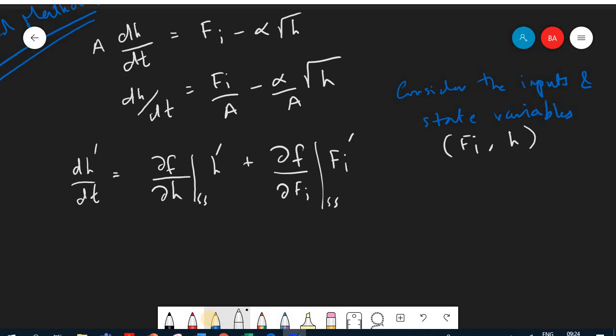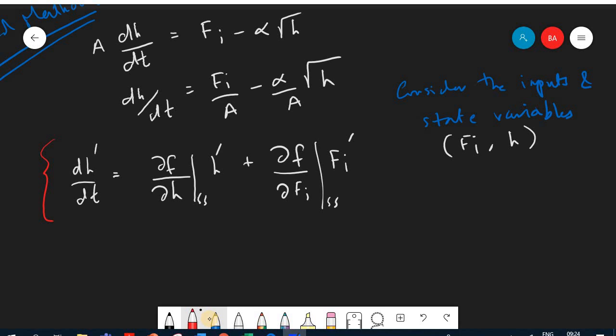I kept this term directly in a deviation format, because I already said that we take one of the terms of the Taylor series to the left hand side and it becomes a deviation format. The right hand side will also be in a deviation format and in a linearized form, by taking the partial differential equations.